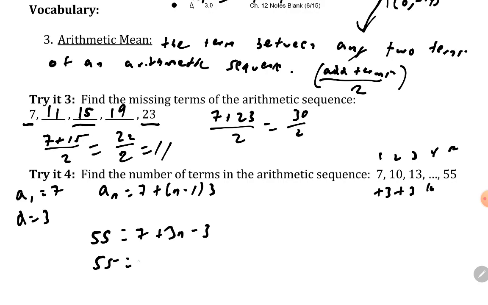So 55 is equal to 3n minus 4. Add 4 over. We get 59 equals 3n. Did I do that right? Oh, 3n plus 4. So that would be 51. So n would be 17. So there are 17 terms.